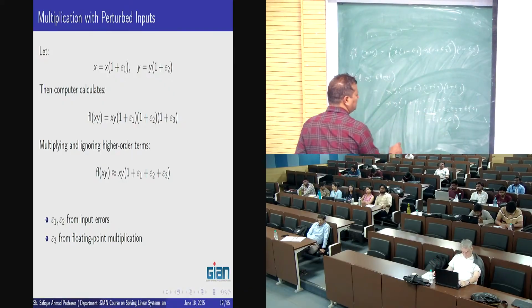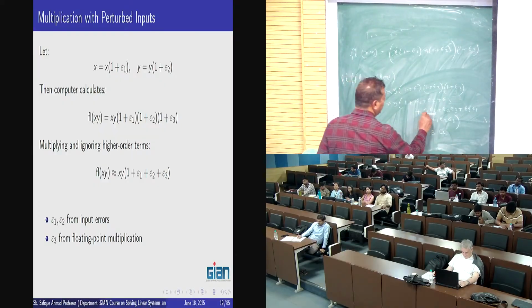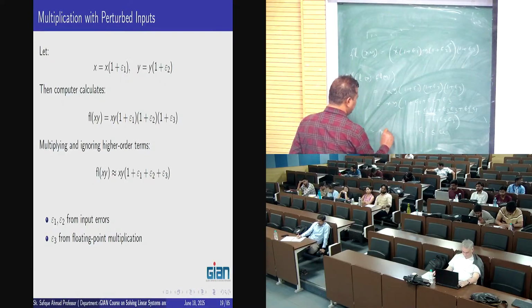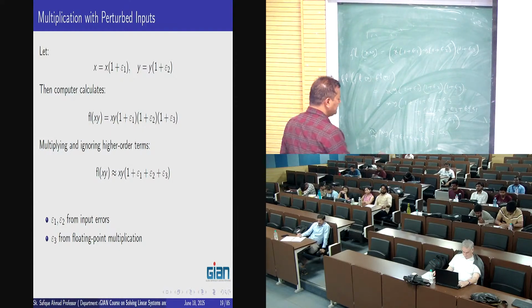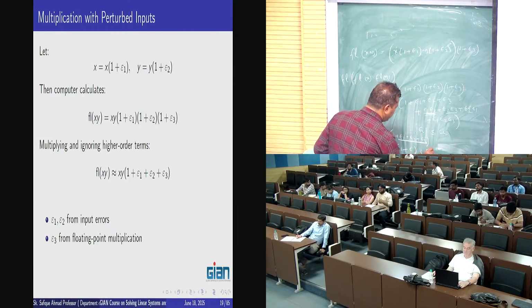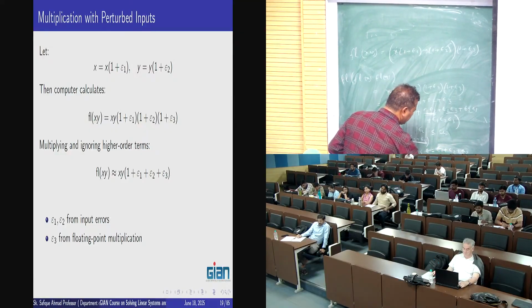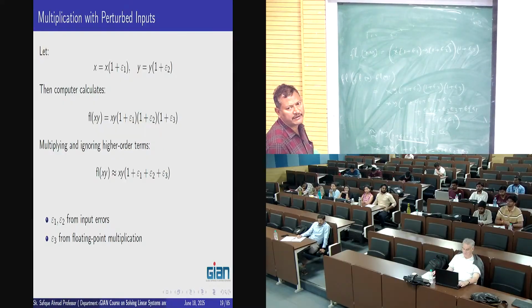Because these epsilon i are less than the unit round, these are higher terms, and you are ignoring them, keeping x y ultimately equal to this. Where epsilon equals epsilon 1 plus epsilon 2 plus epsilon 3, and again it should be less than the unit round of error.